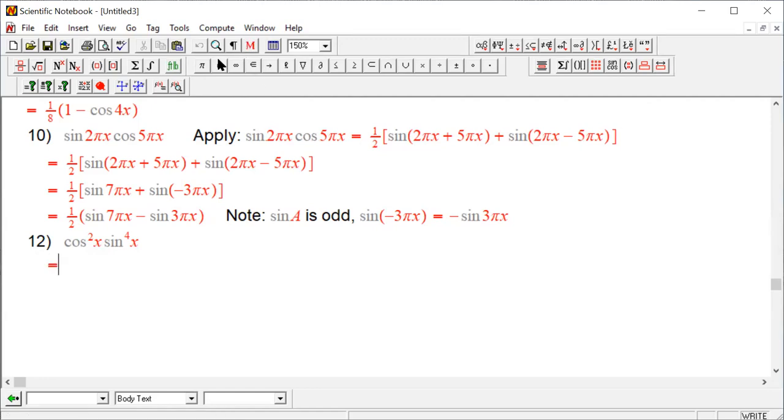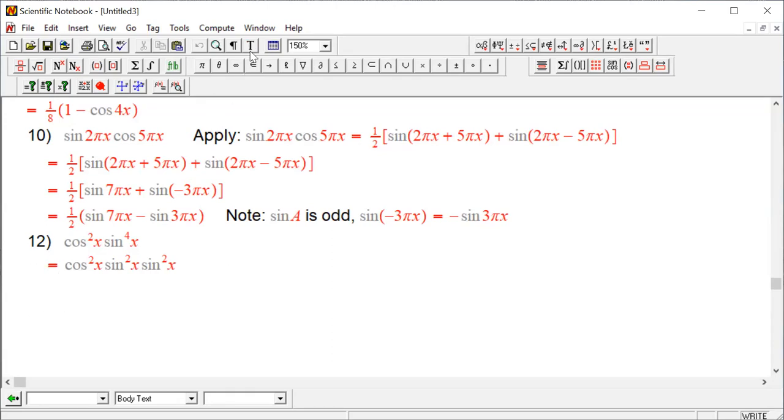There are so many ways, so I'm just going to pick one. I'm going to keep the cosine squared, and I'm going to break up the sine to the fourth into sine squared of x multiplied by sine squared of x.